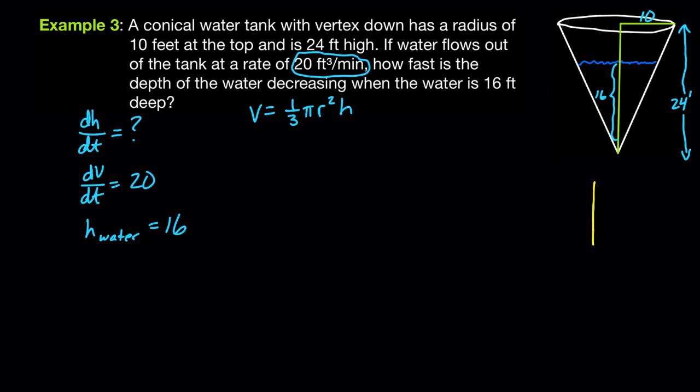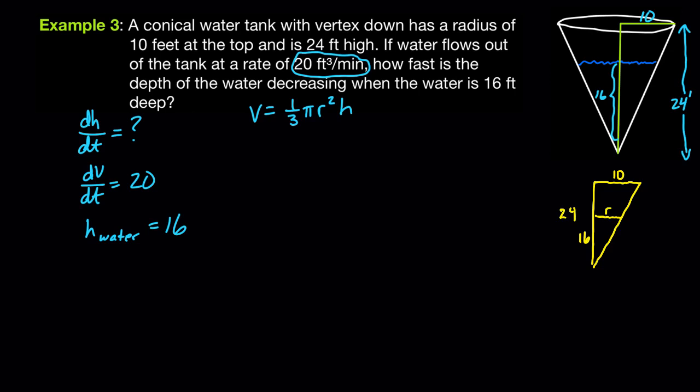If we think about this right triangle over here, we know the height of the cone is 24. We know the height of the water is 16. We know the radius of the cone is 10. And so we can figure out the radius of the water at any particular time.